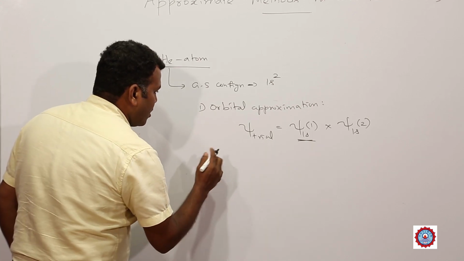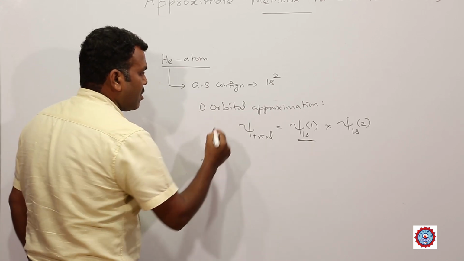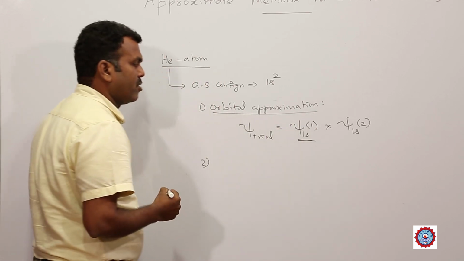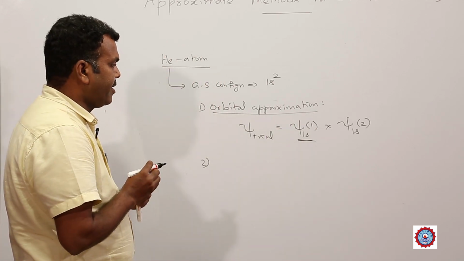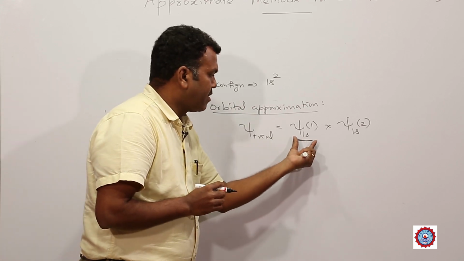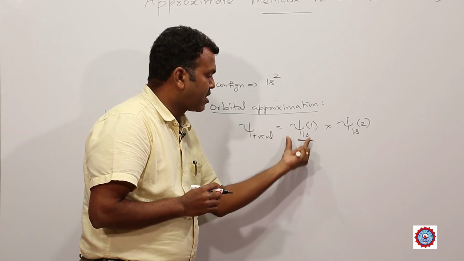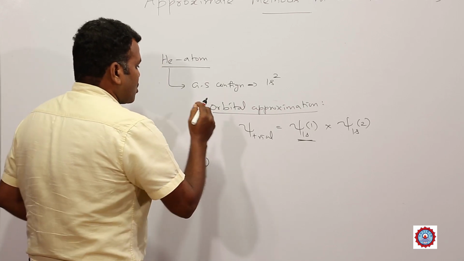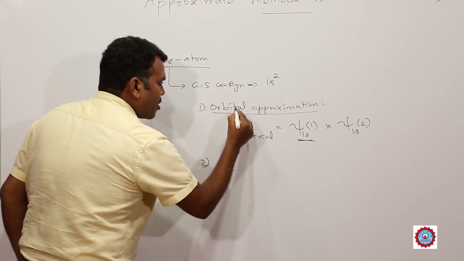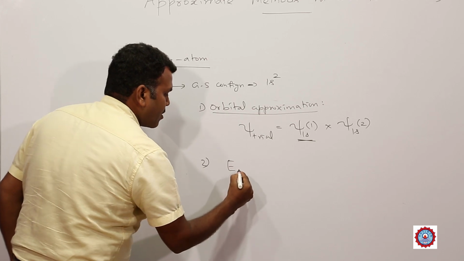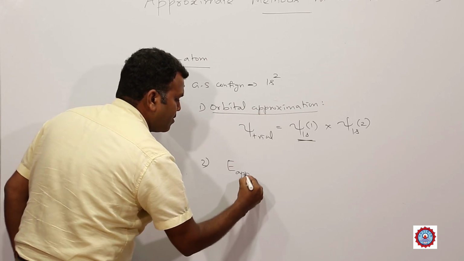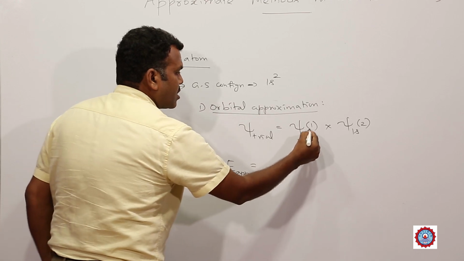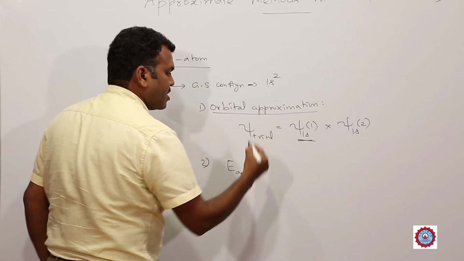Now, according to the orbital approximation, the electrons are independent. That is why we write the electron 1 wave function and the electron 2 wave function separately. Using this approximation, if you calculate the energy, this is the approximate energy. Electron 1 is present in the 1s orbital of the hydrogen atom.